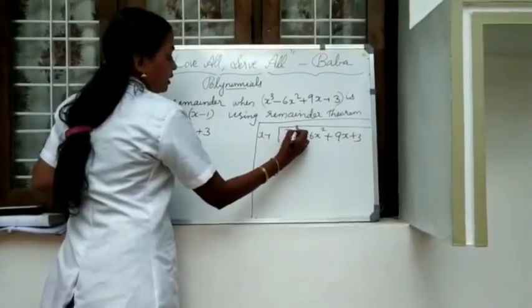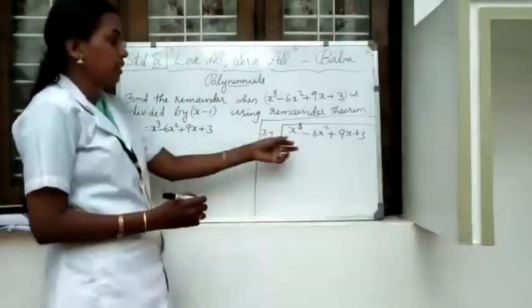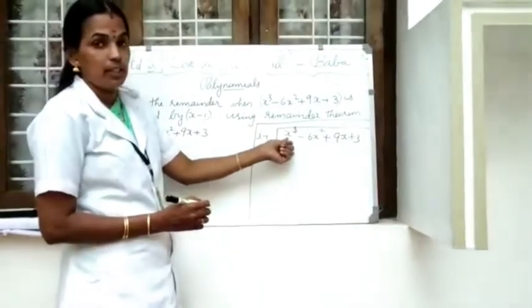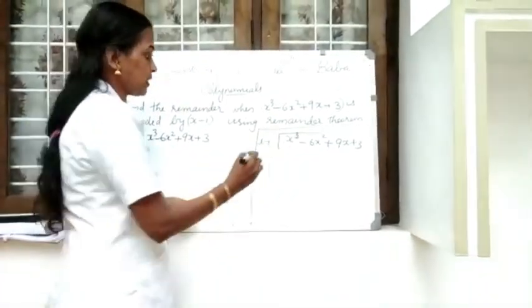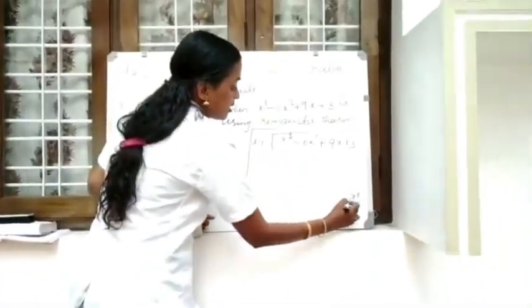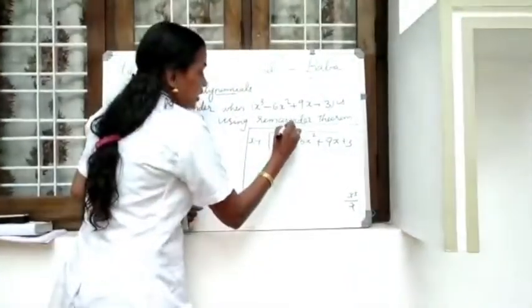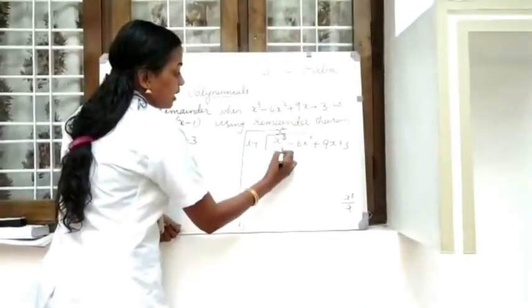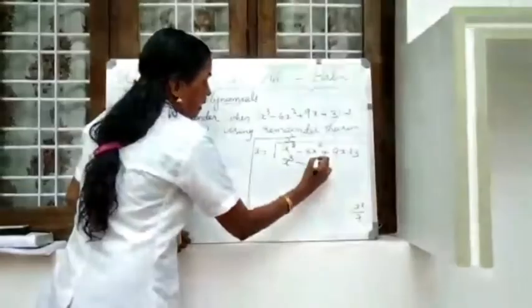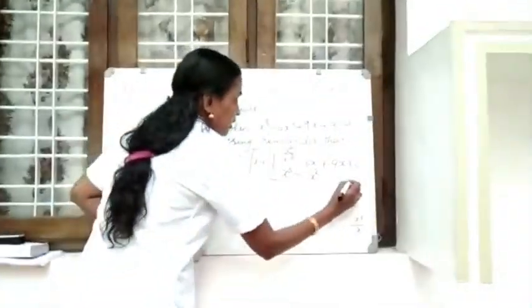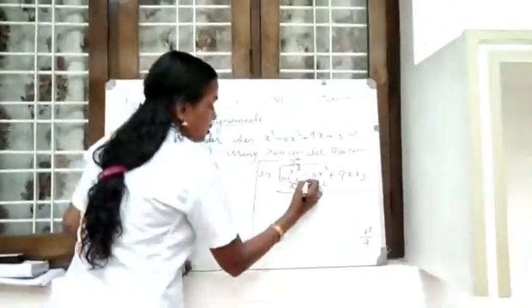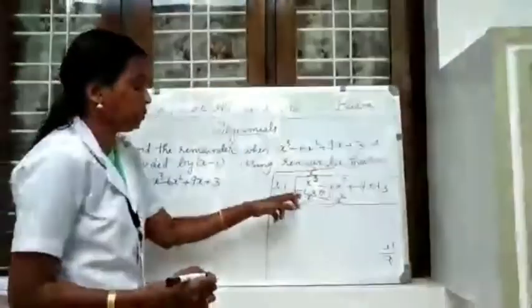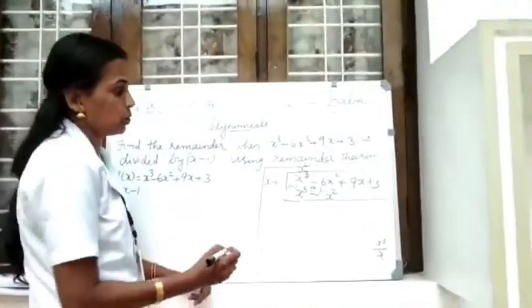So look at the extreme left of the dividend. Here it is x cube by x. x cube by x is x square. So write it in the quotient. x square into x, x cube; x square into minus 1, minus x square. Then subtract by changing the sign. x cube minus x cube is equal to 0.